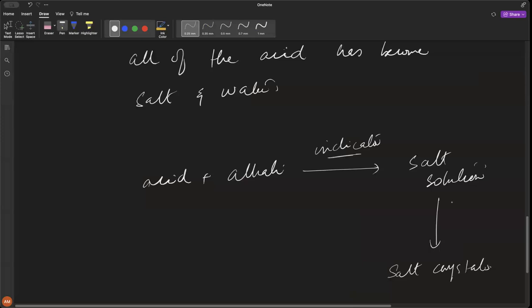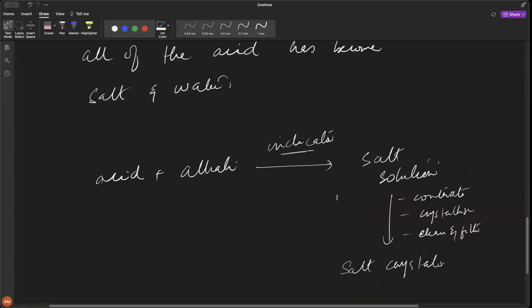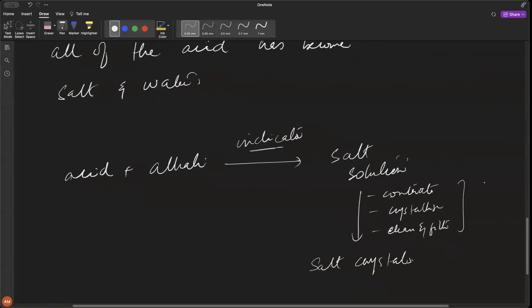Salt crystals. What are the three processes that it has to go through? It has to be concentrated, formed into a concentrate, then crystallize, and then clean and filter. Remember the process of crystallization. All of these three things are actually the process of crystallization that we have done.